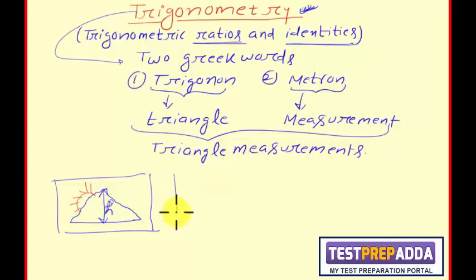Sundials were used to estimate the time from the sun's shadow. Trigonometry was used to find the distance of stars, planets, and the moon.